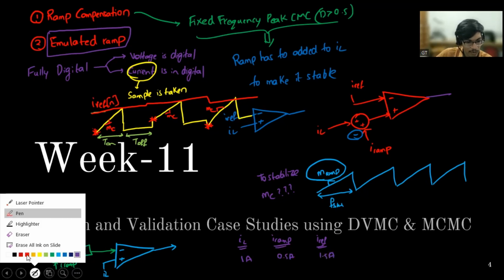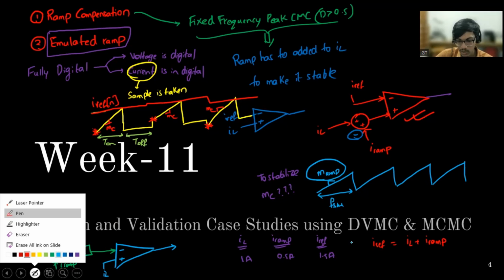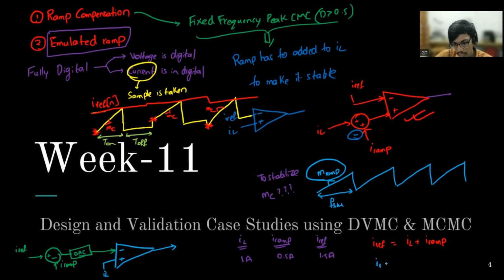At the equality condition, I know that I reference is equal to IL plus IRAMP, which is this aspect, right? Now what can I do? I can also write it as I reference minus IRAMP equals IL, which is this scenario. Is this part clear?